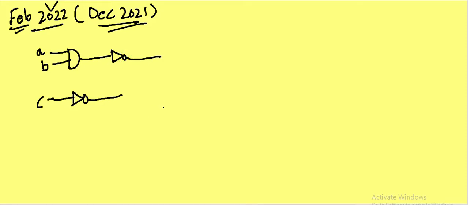this AND gate, right? So here we have A and B, and then we have C, which is input to this NOT gate, right? And then these two, again we have an inverter or NOT gate. Inverter or NOT is the same, because an inverter inverts the input.